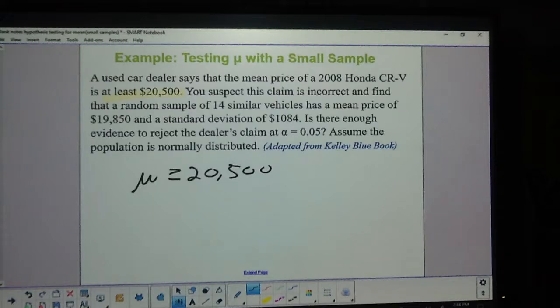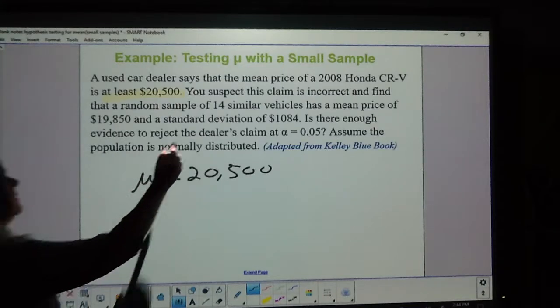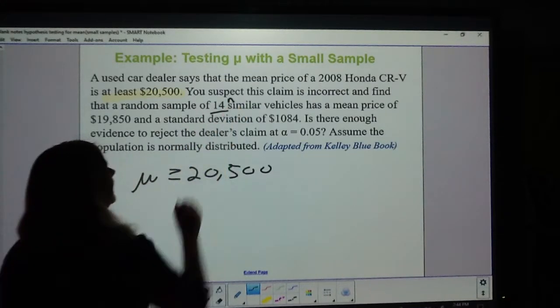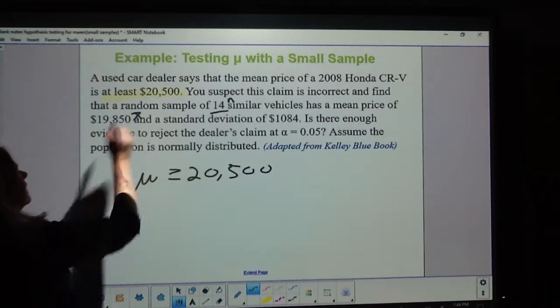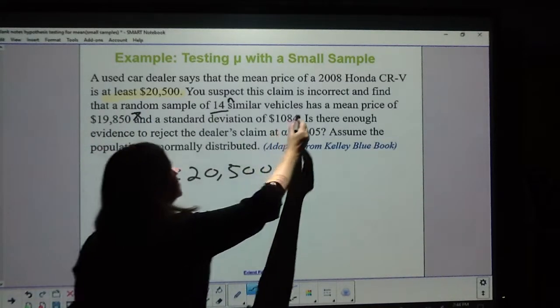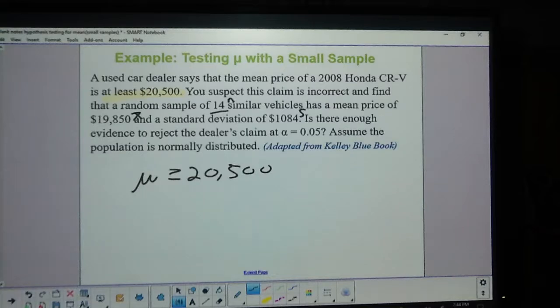You suspect that this claim is incorrect. You find that a random sample of 14 similar vehicles, so that's my N, has a mean price of, there's my X bar, and a standard deviation, there's my S. Is there enough evidence to reject the dealer's claim? Assume the population is normally distributed.